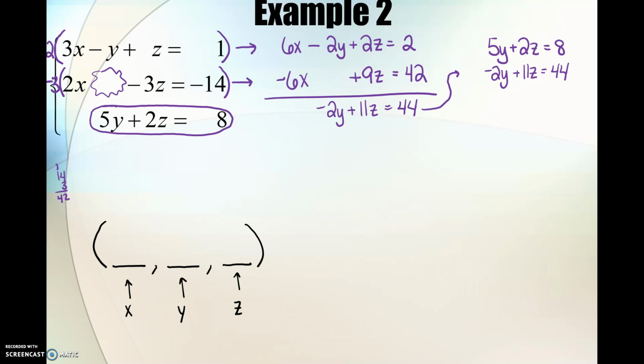Okay, so I now have my two equations that are ready to eliminate.